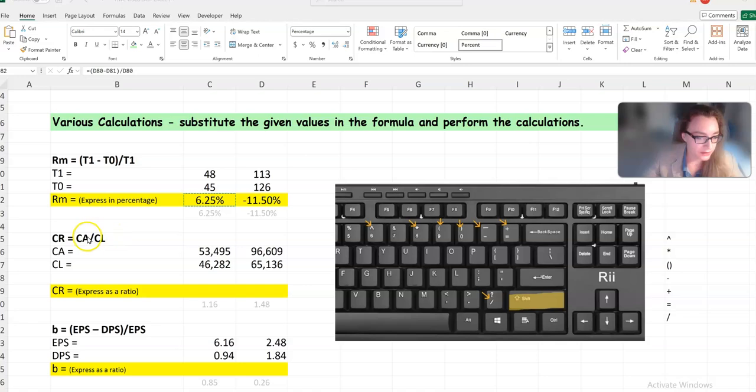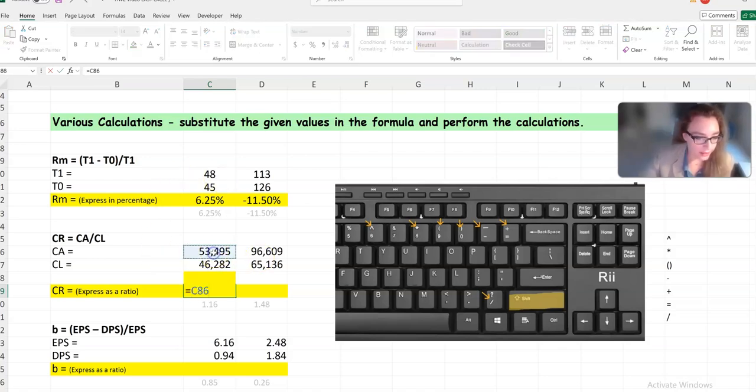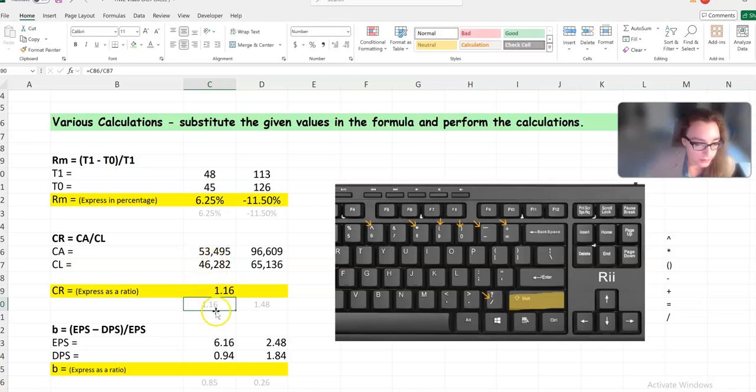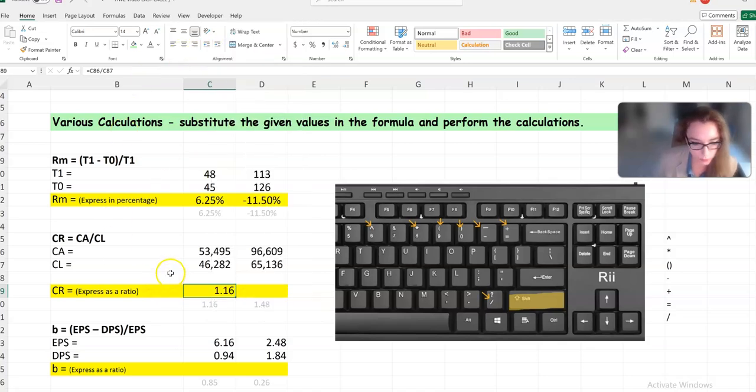This is a very easy formula, it's just a ratio. So let's do it here. Equal sign, CA value divided by CL value. Enter. And that's correct. And now we don't have to copy it the way we did, pressing copy and everything. There is an easier way.